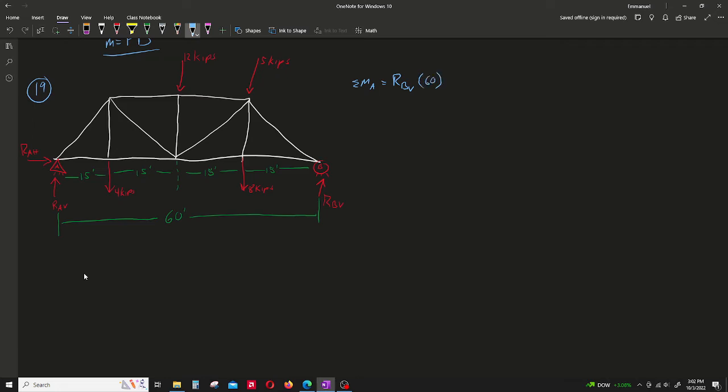Times 60 minus 4 times 15 minus 12 times 30 minus 5 times 45 minus 8 times 45. And that's going to be an equilibrium. And therefore, we can solve for RB, which is 16.75 kips going straight up.